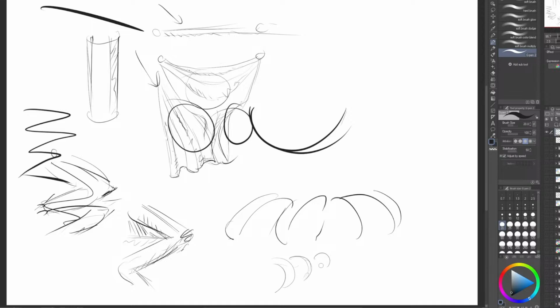I don't really know much about that. But anyways, then there's also another thing, like a pressing fold.